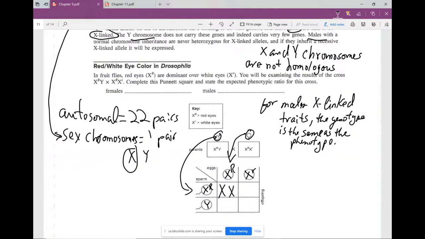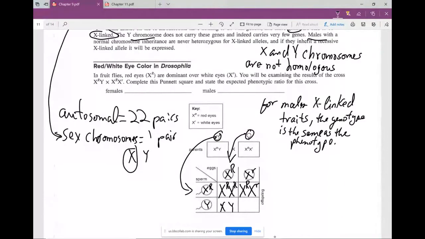We have a female there being created. If this egg is fertilized by that sperm, you have a female, and both are red-eyed females. In this other case here, another female, but it's going to be heterozygous for the red eye condition. However, red eye is dominant, therefore its phenotype is red eye.